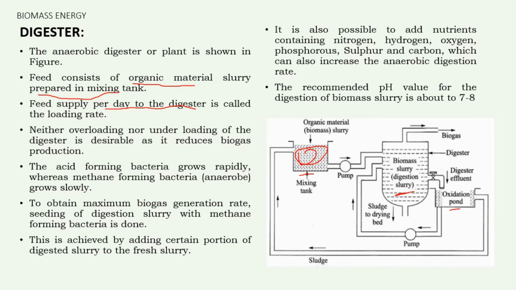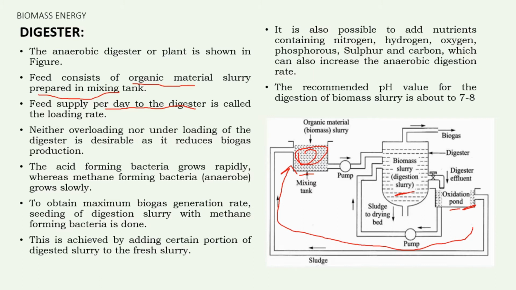How is it done? It is done by adding a certain portion of digested slurry to the fresh slurry. We get digested slurry, and we add some part of that to the fresh slurry so that the methane forming bacteria is sufficient to form the biogas.